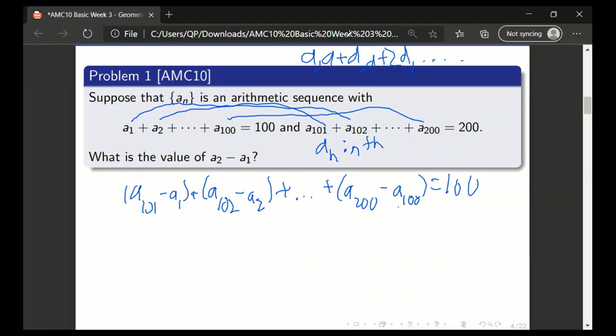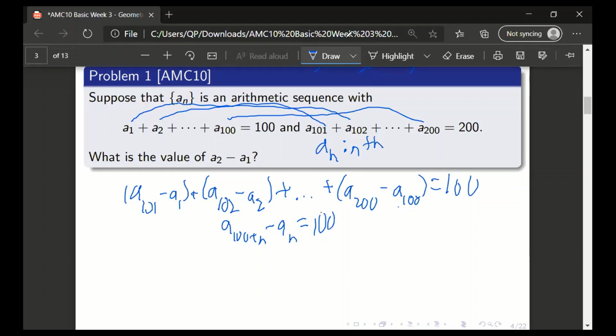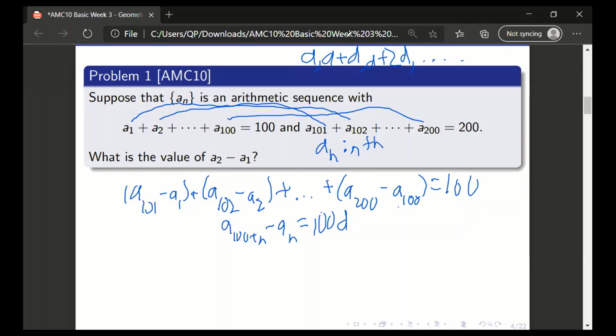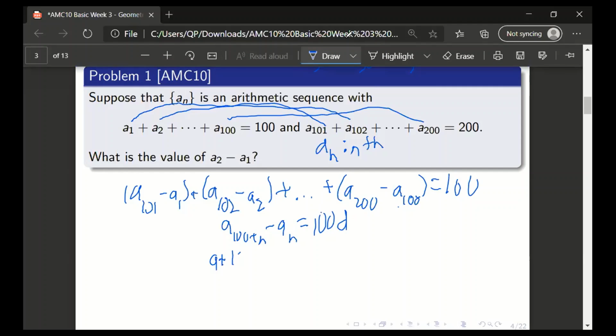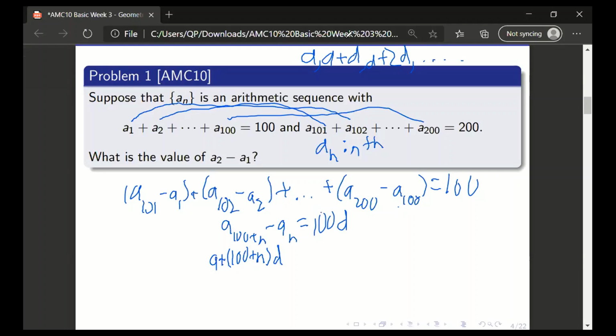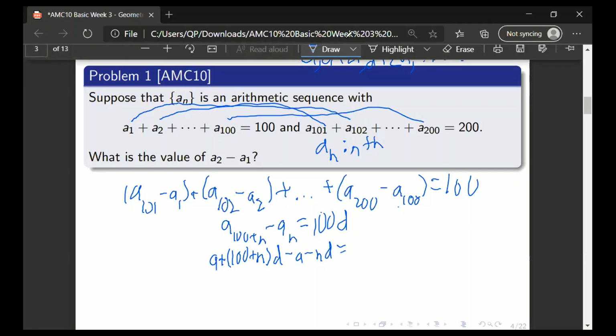Now, you know that a_(100+n) minus a_n should equal 100d, because it would be a plus (100 plus n) times d minus a minus nd, and that just equals 100d.